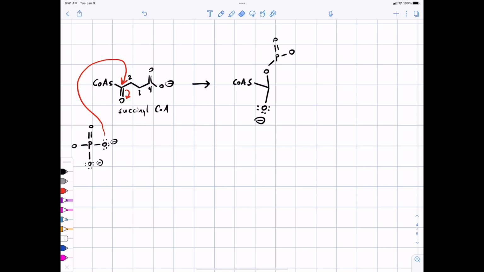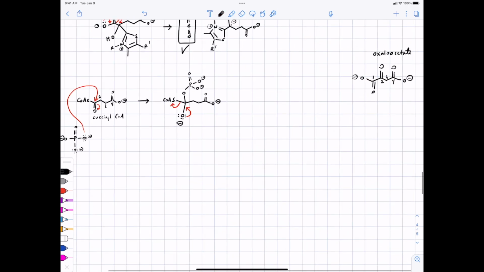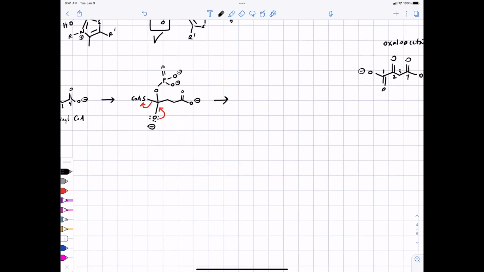And it actually doesn't matter. We'll just show this conjugate base of phosphoric acid doing things. We won't really worry about the protons on the phosphate group. Here's your tetrahedral intermediate. Electrons kick down, and thiol leaves. Coenzyme A thiol leaves.